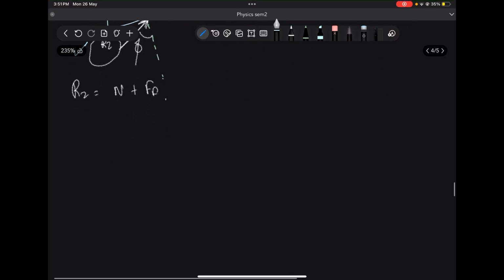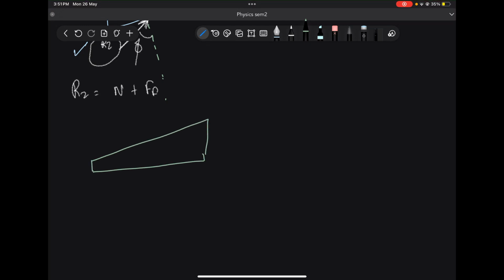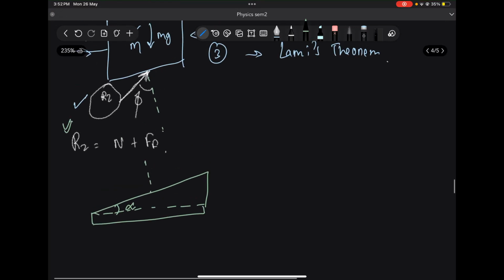Now let's go to the wedge. So this is the wedge, let's say. Okay, the diagrams may be different. Don't worry about the diagrams too much. So this is alpha. Now, if this R2 was at an angle phi to the normal, then we can consider the reaction force like this also at an angle phi.